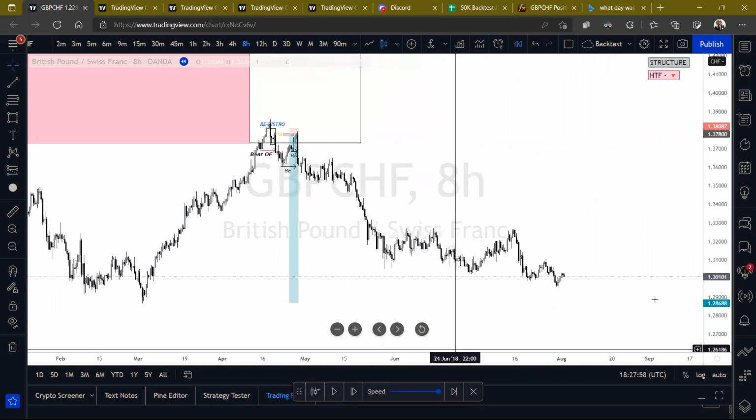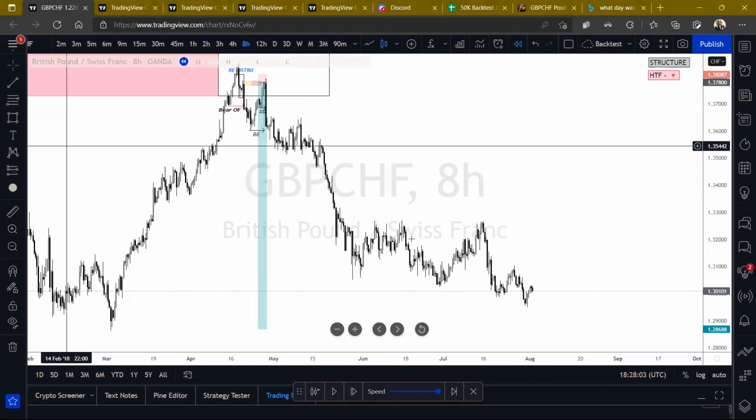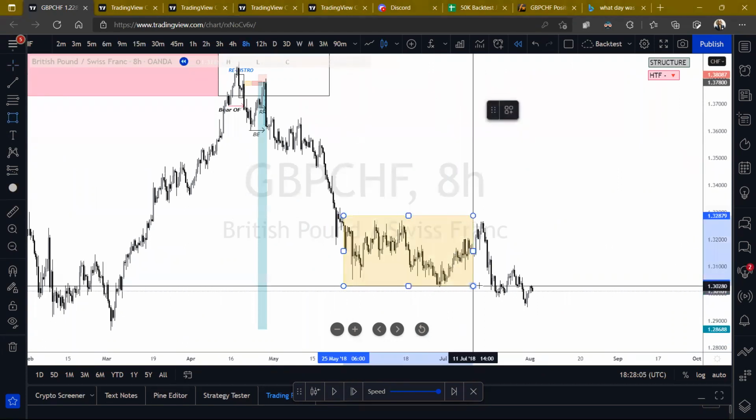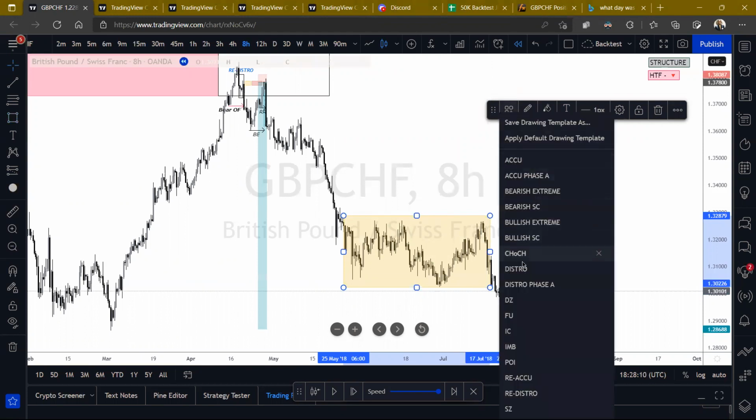Okay, here we can see price distributing itself once again. Okay, and this could be like a future play that we can work towards.